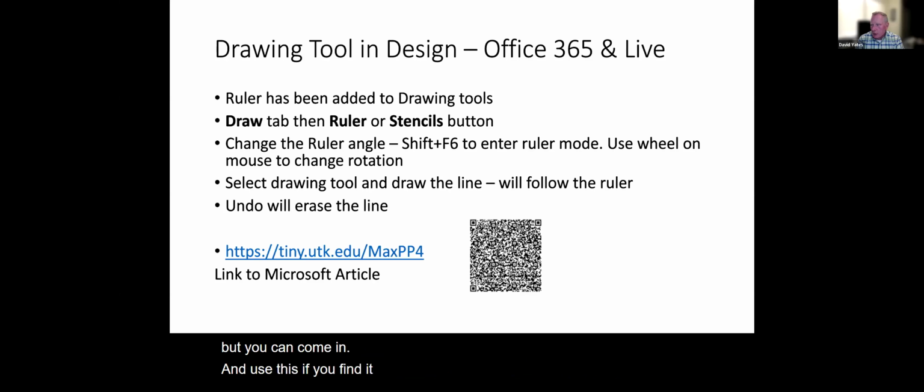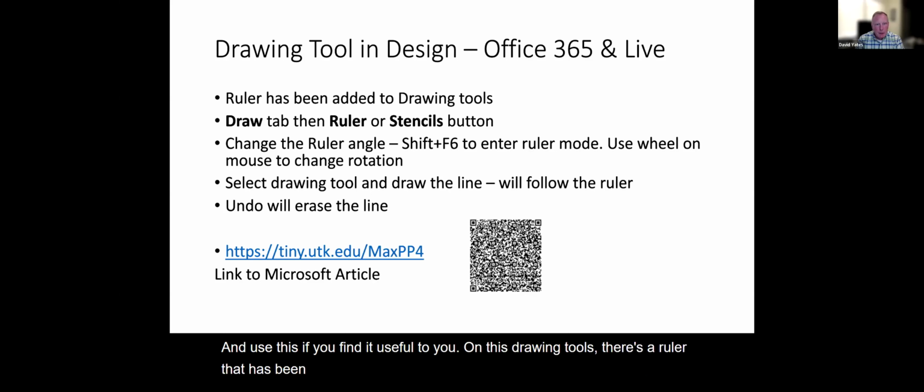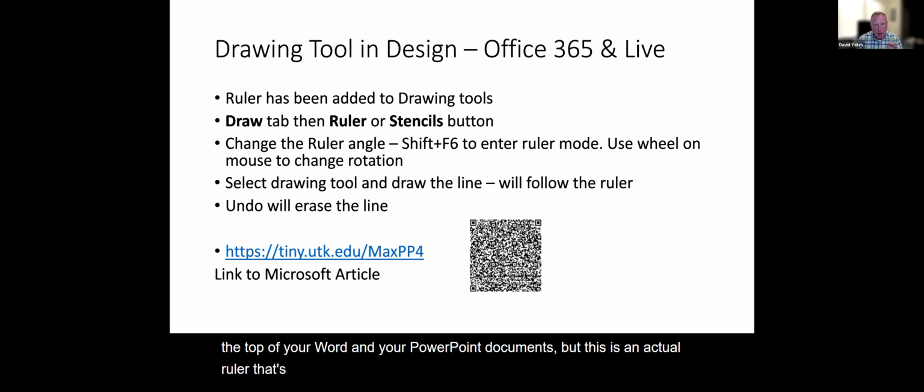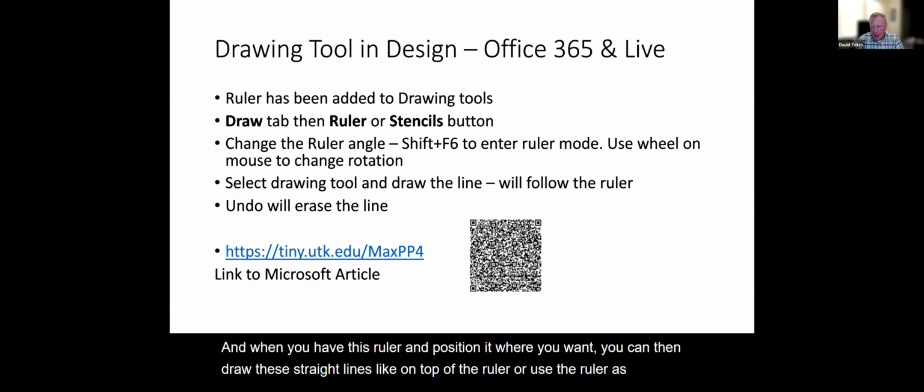On these drawing tools, there's a ruler that has been added. Now, there's always been a ruler that you can turn on at the top of your Word and your PowerPoint documents, but this is an actual ruler that's going to show up on the page. When you have this ruler and position it where you want, you can then draw straight lines on top of the ruler, or use the ruler as the guide.